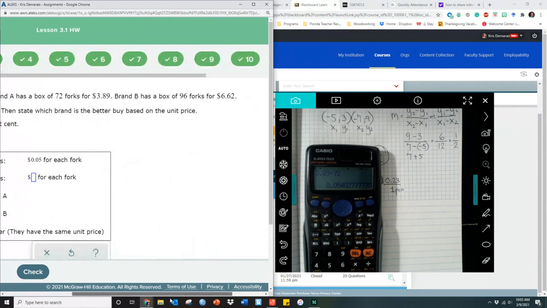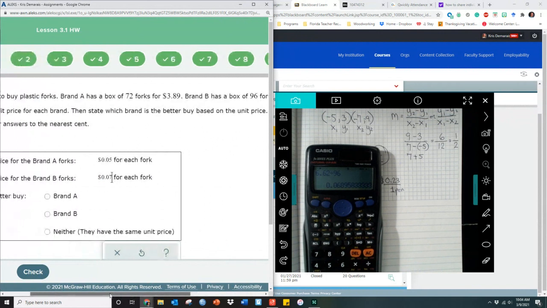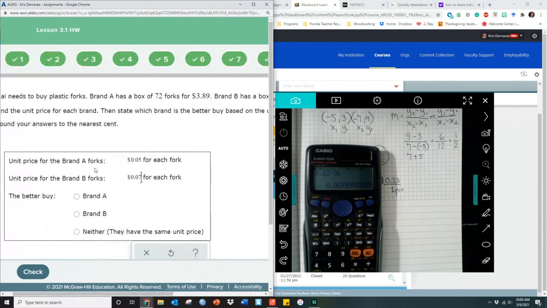Then you look at the next one, 6.62 divided by 96, and you get basically 7 cents. Now which one's the better price is brand A, whatever's the smaller price. It costs 5 cents per fork versus 7 cents per fork.